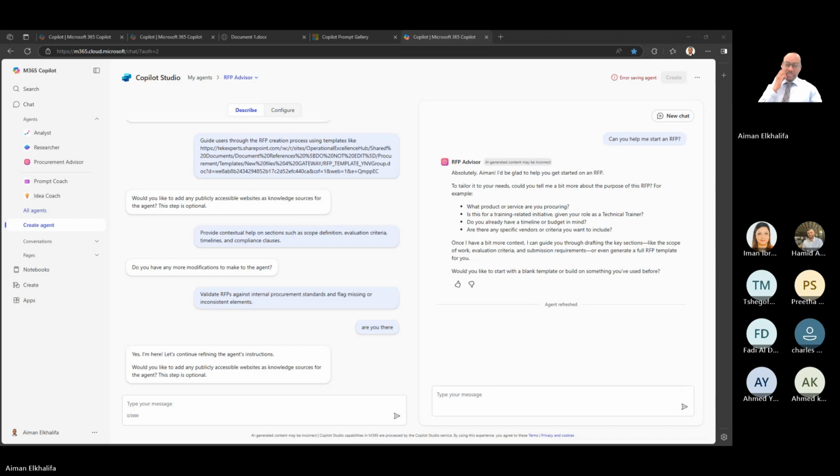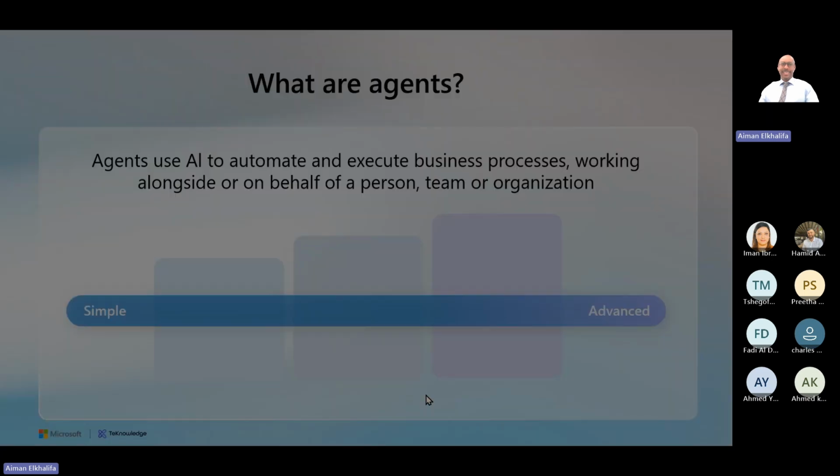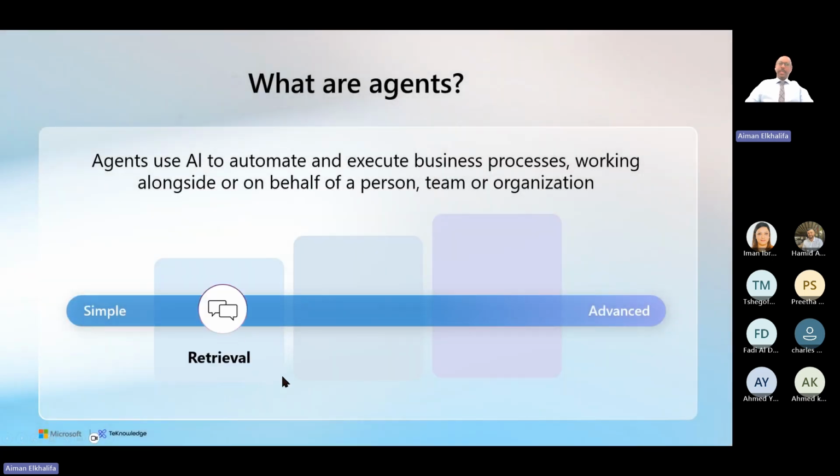You see, agents can come in different contexts and different scenarios, right? Retrieving data is the easiest one of them all. A very simple agent, to retrieve information, to act as a chatbot, and then respond to the users back. But another advanced scenario is where you ask the agent to automate multiple tasks.